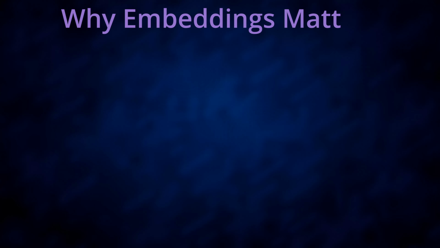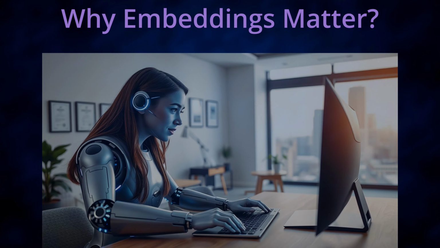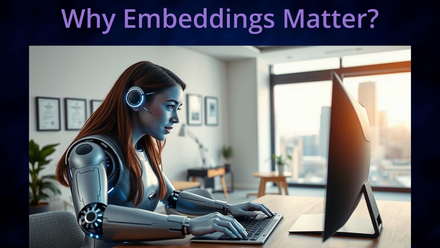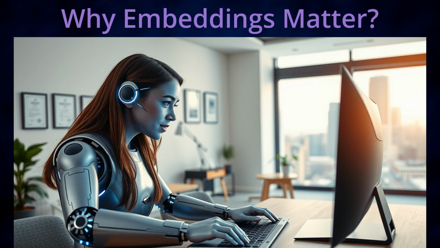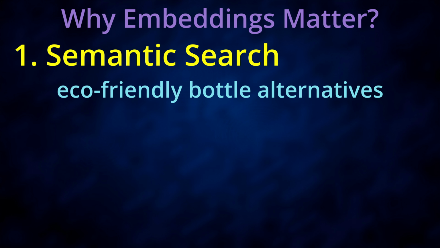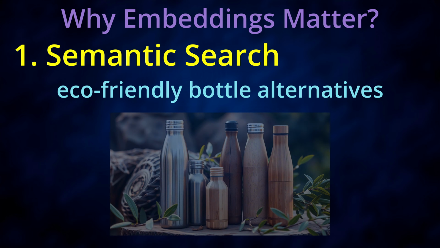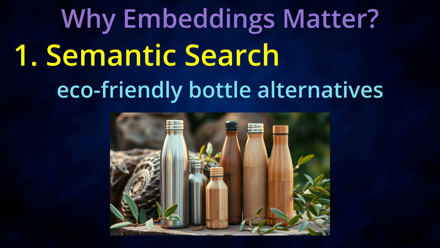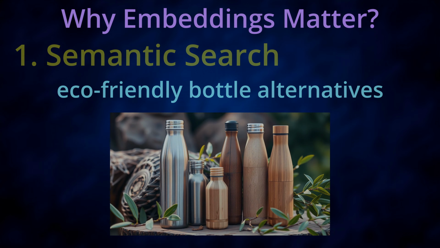Why embeddings matter. Embeddings allow AI to perform semantic search. Search by meaning, not by keyword. Example: search eco-friendly bottle alternatives. Embedding systems can show stainless steel and bamboo bottles even without the keyword alternatives.